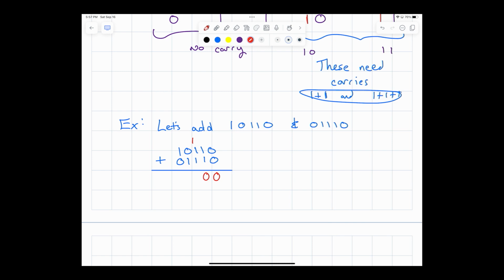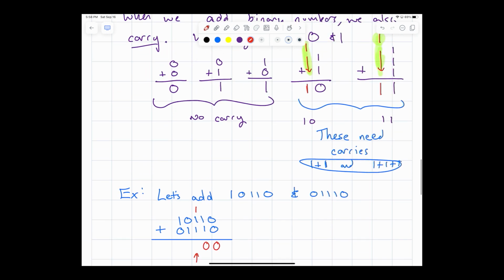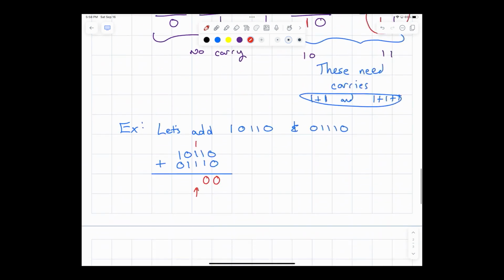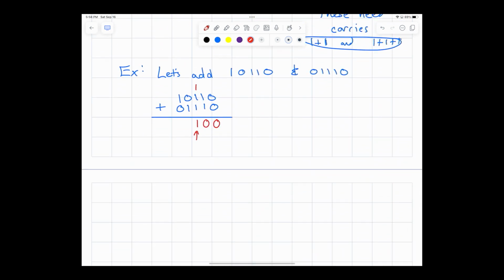Now you're on the column which has a 1, a 1, and a 1 in it. 1 plus 1 plus 1 is 3, which you write as 1, 1: a 1 here and a 1 here.